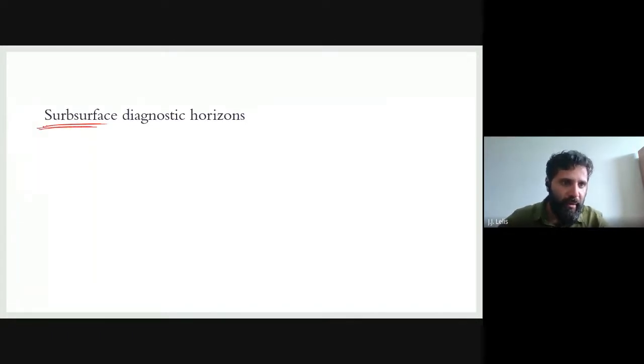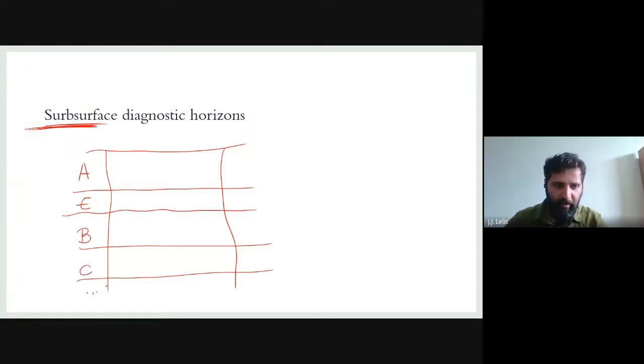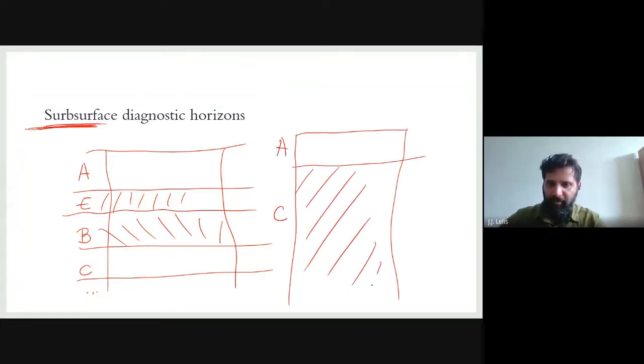And talking about the subsurface horizons, as I said, they are very important because when we are describing the soil profile, like A, E, B, C, and so on, we generally use this and this horizon. And in some cases, we use something like this A and C horizon, and we use these horizons for soil classification.